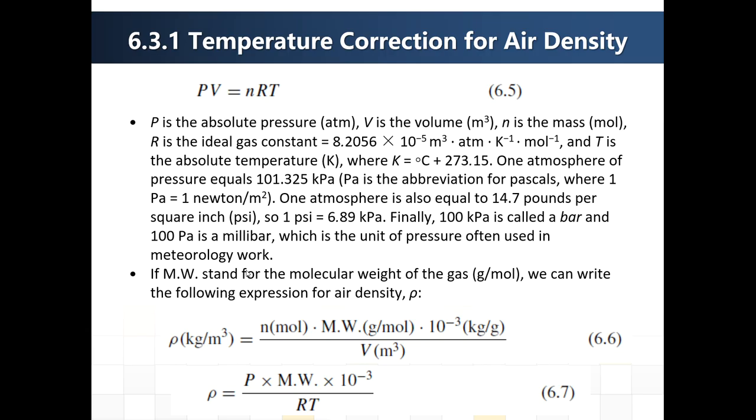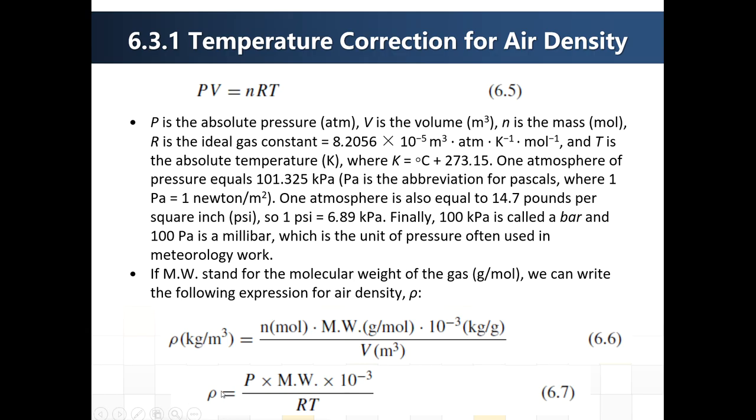If we use MW to stand for the molecular weight of gas, which is in grams per mole, then the air density in kilograms per cubic meter is equal to n, the amount of air, multiplied by the molecular weight of gas in grams per mole, multiplied by 10⁻³, divided by the volume, which is in cubic meters.